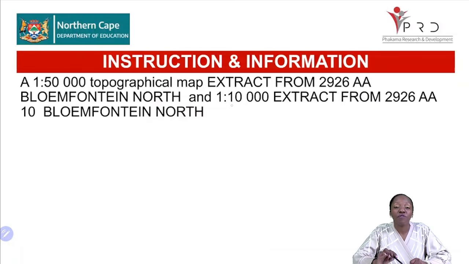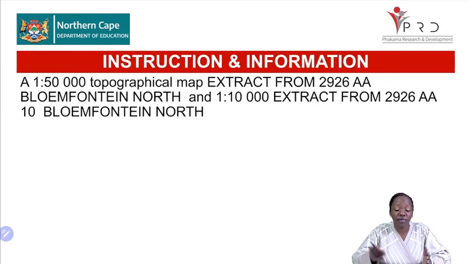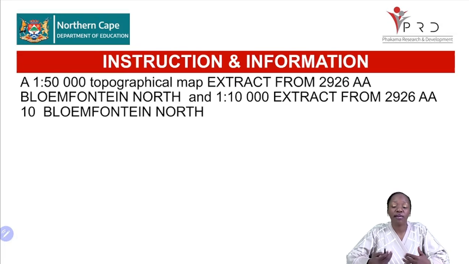And you have your 1:10,000 extract from your 2926 AA10 of Bloemfontein North. So it means you cannot answer any questions without referring to these two maps. Of course, you will be guided by the instruction if it says refer to the topographic map or refer to your orthophoto map.